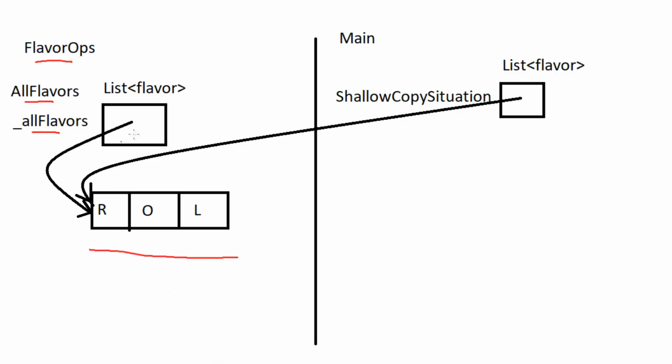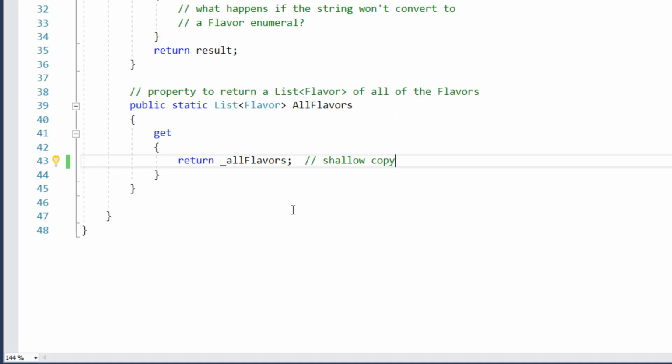Since it returns that field, what it means is it returns this arrow here, and that arrow, or that reference, is copied into the shallowCopySituation reference variable in the main scope. So in other words, they point to the same thing. So if you make a change to the shallowCopySituation object, you are changing the same storage that AllFlavors points to. Now, there's nothing necessarily wrong about using shallow copy.